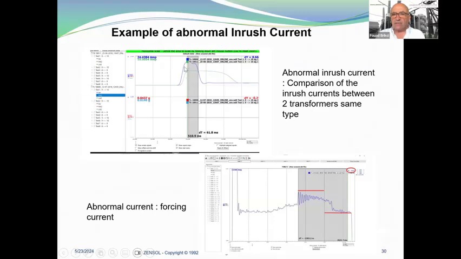Here you have a good one and a bad one, and the one with the green curve was observed. It was in fact bad timing down in the control cabinet for the tap changer. So it was a totally new transformer with an LTC installed. It was in Alberta. So the same here.